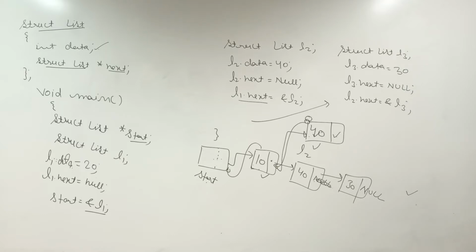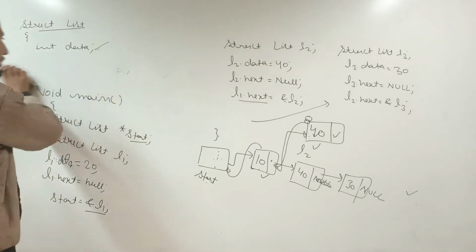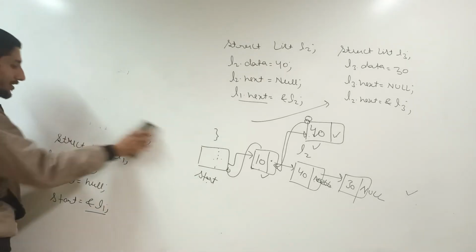Okay. So we have seen that in data structure, we have 5 basic operations. Let me give you the names of the 5 basic operations.